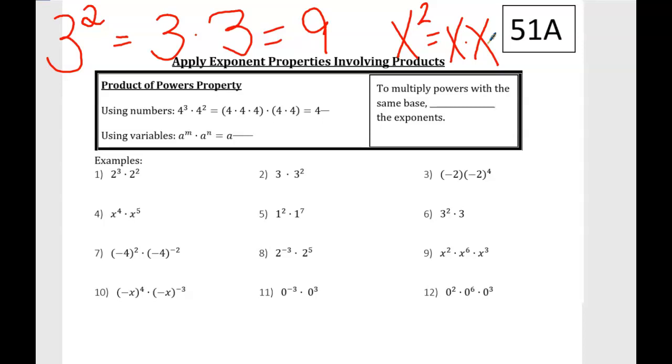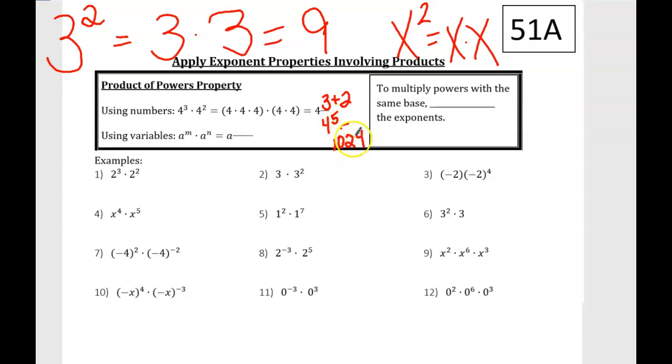The first one we're going to learn is when you multiply and you have the same base in two exponents, the rule is that you're going to add the exponents together. So 4 cubed times 4 squared would be 4 to the 3 plus 2 power, which would be 4 to the 5th power, and that would be equal to 1,024.